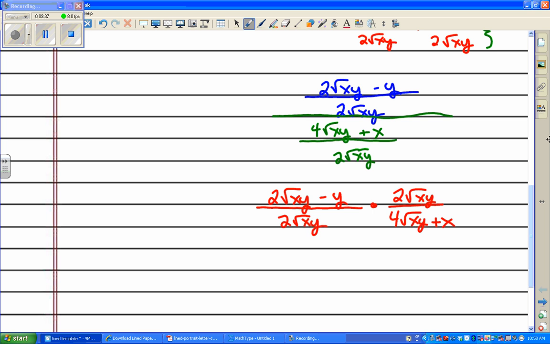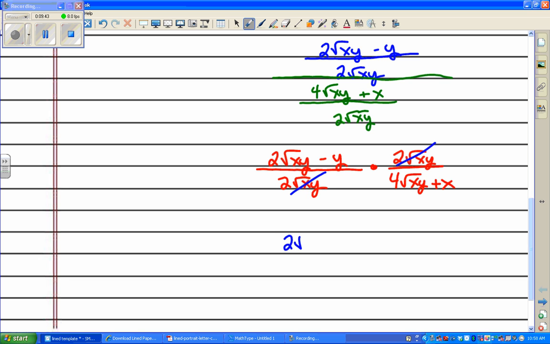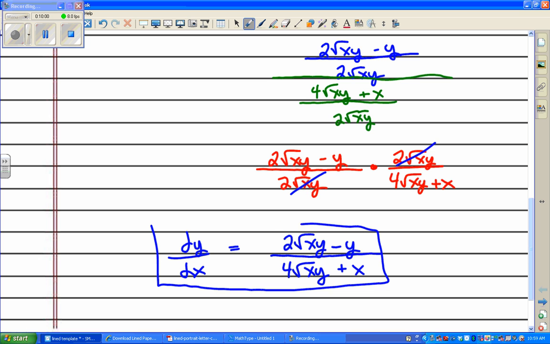And now the nice thing here is that we recognize, hey, that's going to cancel with that. And I'll end up with 2 radical xy minus y all over 4 radical xy plus x. And that, remember, is dy/dx. So that's my final derivative after using a lot of algebra to simplify it.